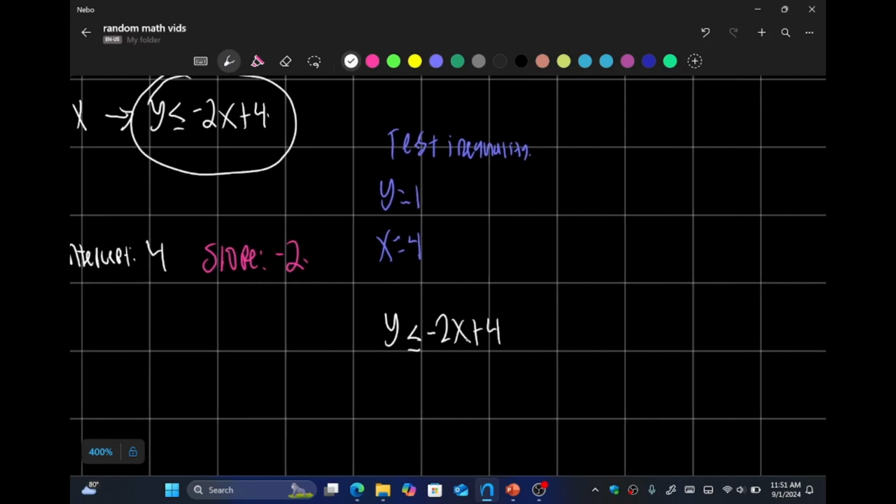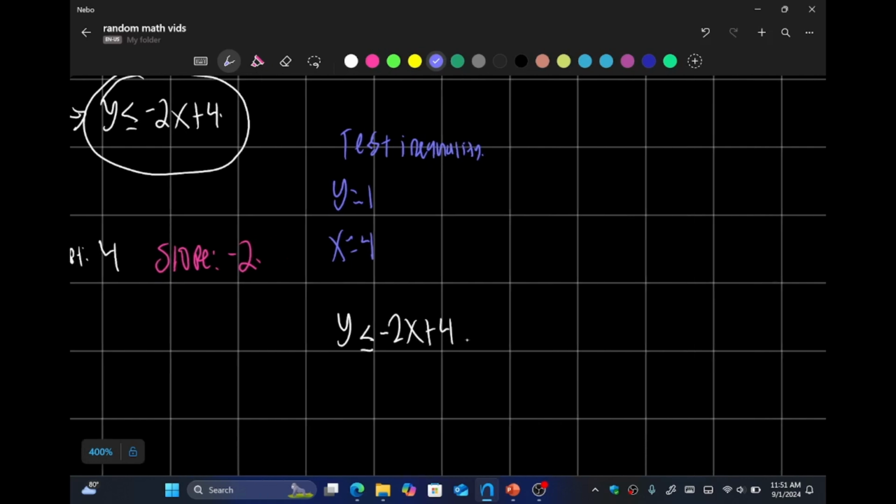And so what we're going to do is we're going to say, is 1 less than or equal to negative 2 times 4, plus 4? So is this true, basically?